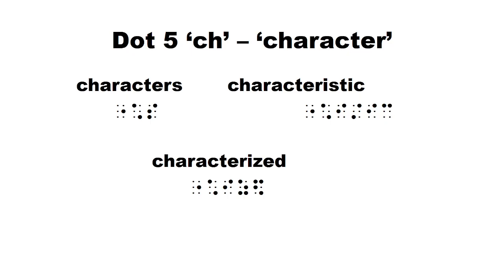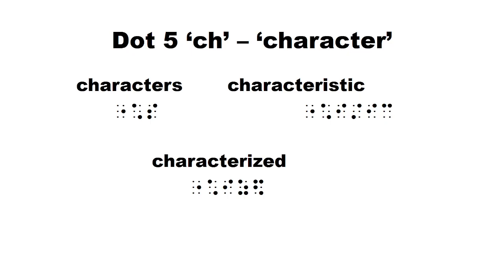The first one is characters. With this, we can make use of the contraction, which would be dot 5 and the contraction for CH, which is dots 1 and 6, and letter S, because our word is characters. Next is characteristic.